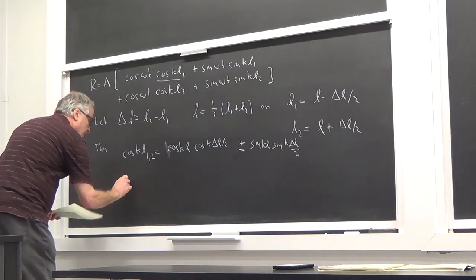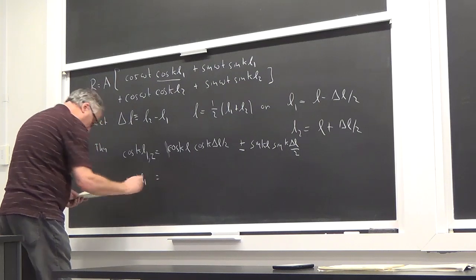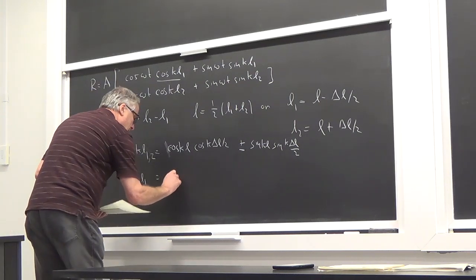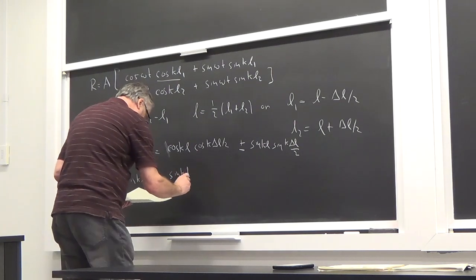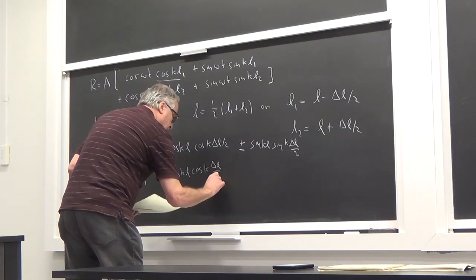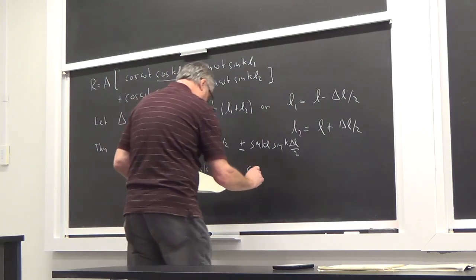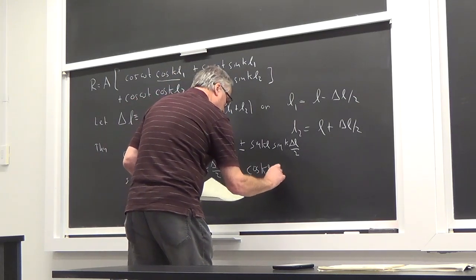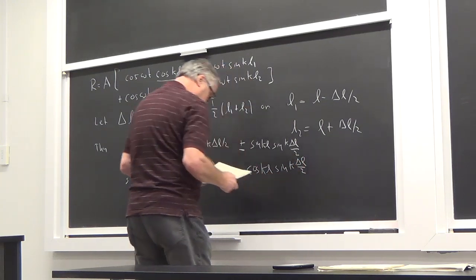And likewise, the sine KL1 will be sine KL cosine K delta L over 2 minus cosine KL sine K delta L over 2.